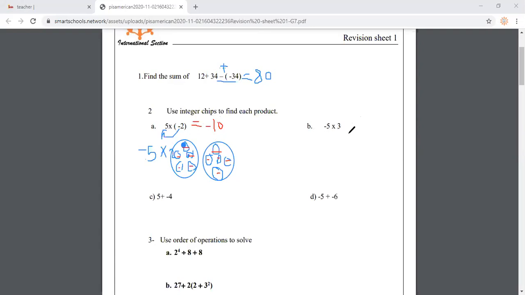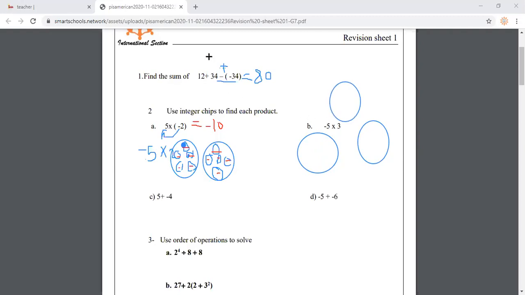-5 times 3. What does that mean, grade 7? -5 times 3. Three groups of -5. Exactly, 3 large groups, right? And we are going to fill each one with -5. So I have the first group, second group, and third group.